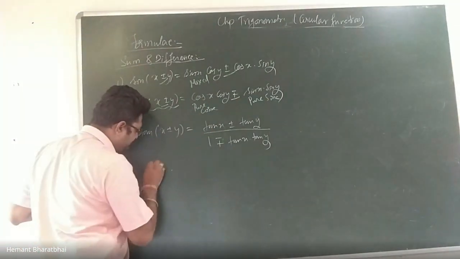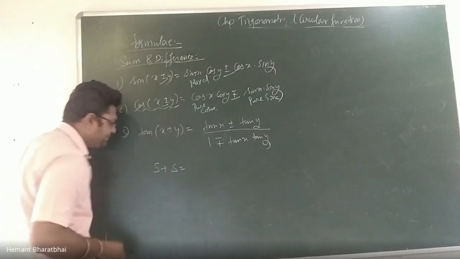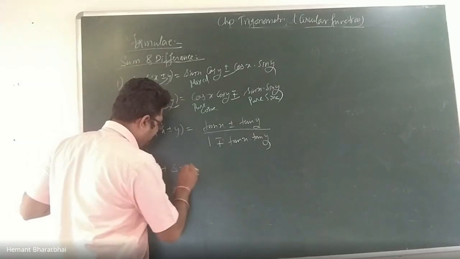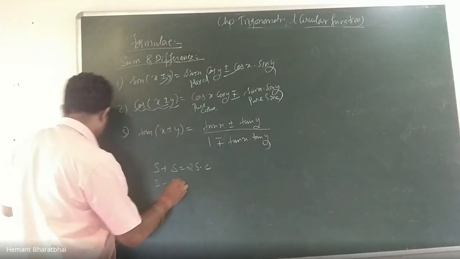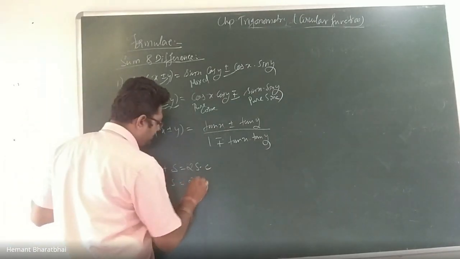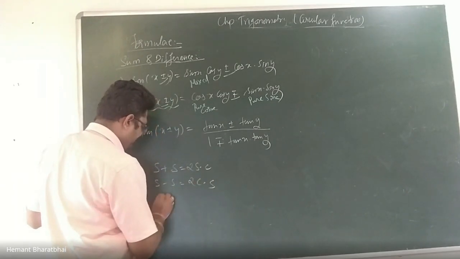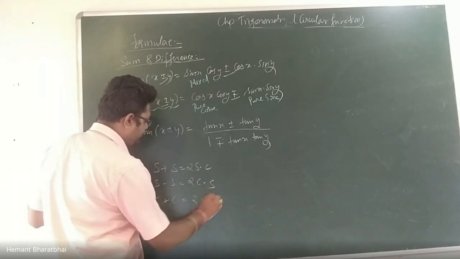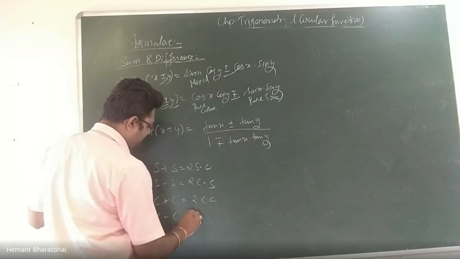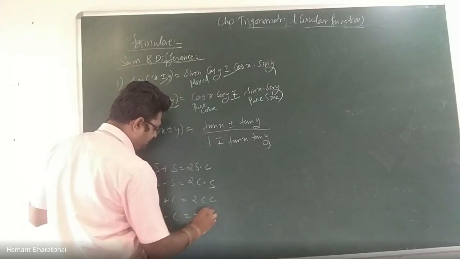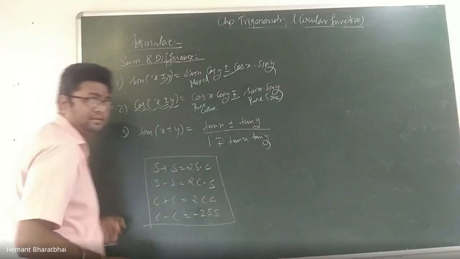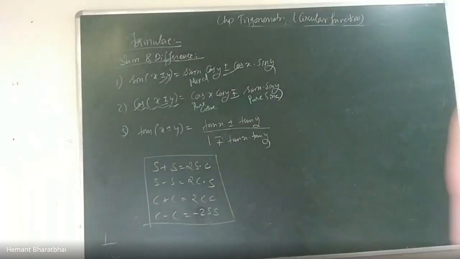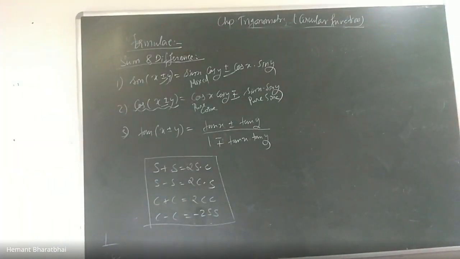And that is S plus S gives me 2S into C. S minus S gives me 2C into S. C plus C gives me 2CC and C minus C is minus 2SS. I'll explain what it is. You have to learn this by heart, otherwise the next category of formula you will never be able to remember.